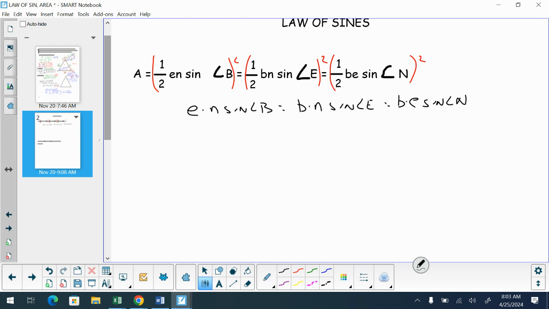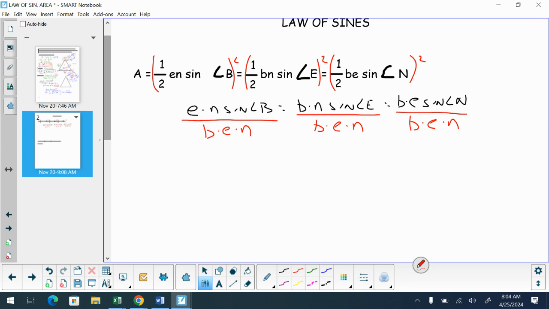When we say it can't be equal to 0, that means we can divide by the product of B, E, and N. If B, E, or N had a chance of being 0, we couldn't do this. But it doesn't have a chance of being 0 because we're saying this is a triangle.